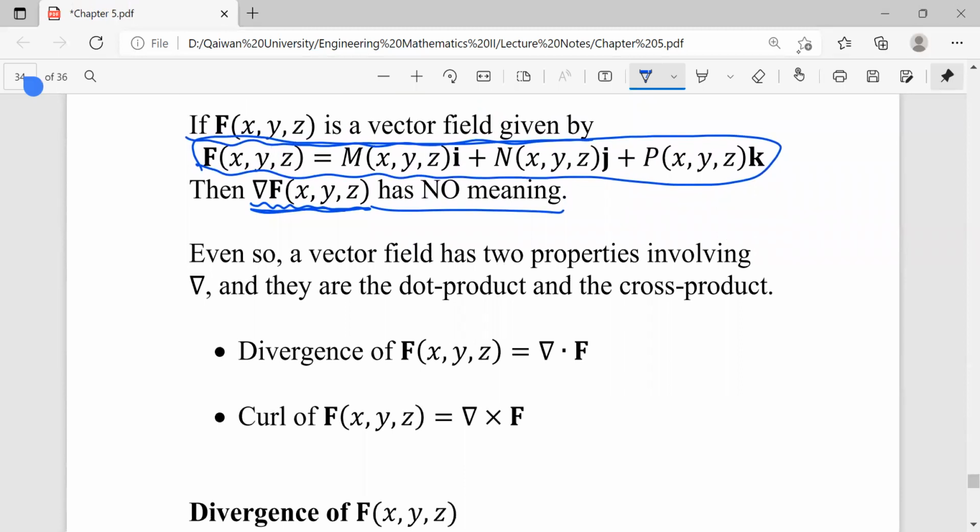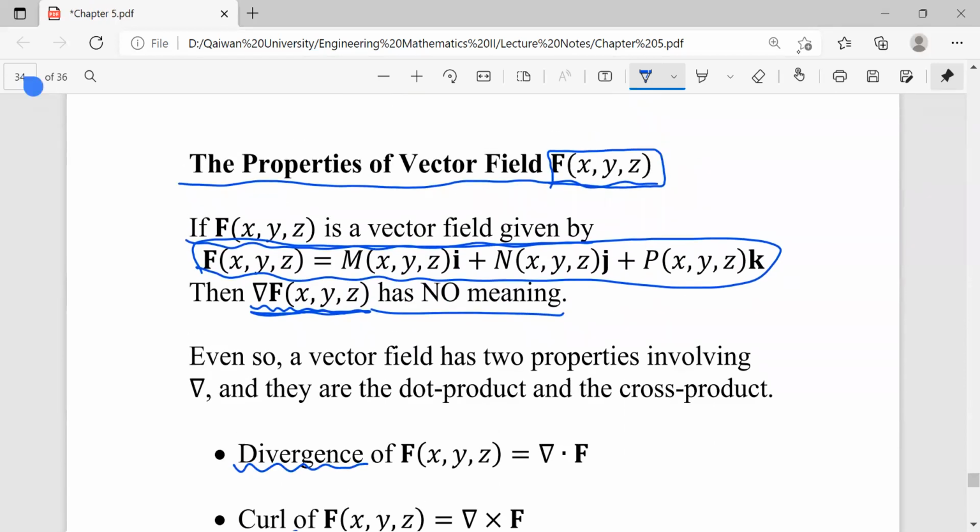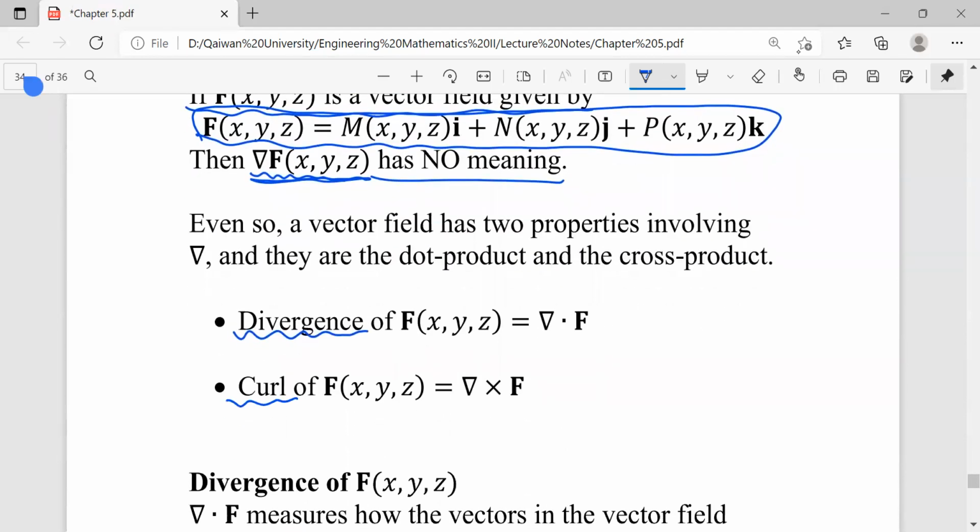We have two operations on vector fields. If you are given a vector field, we have two operations on it. The first is divergence, which is del dot F, where F is a vector field.